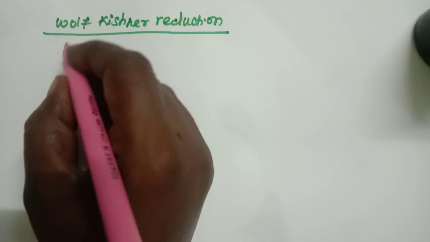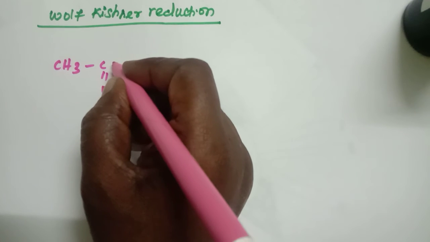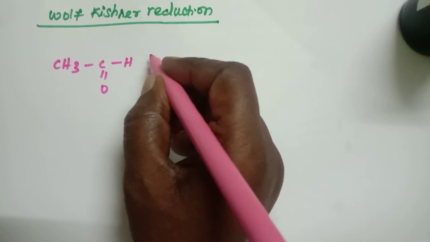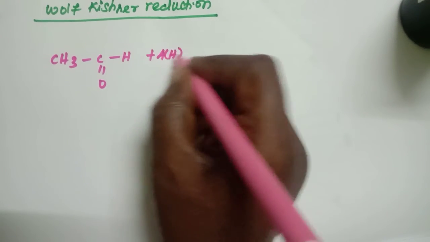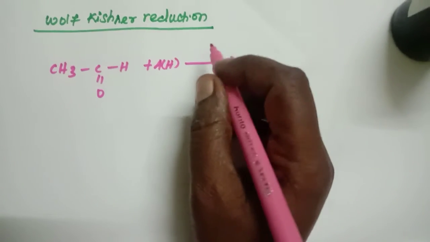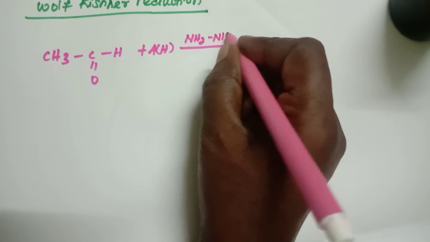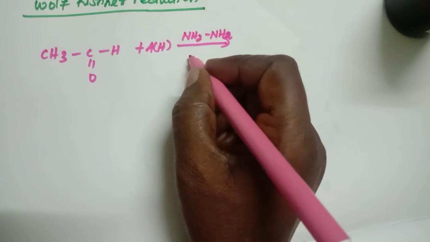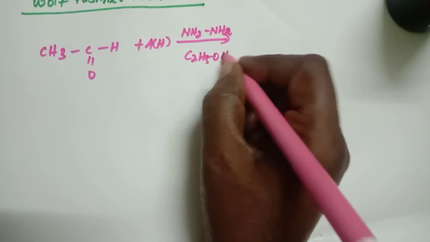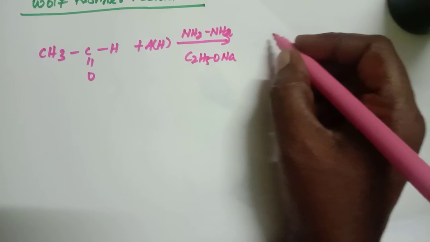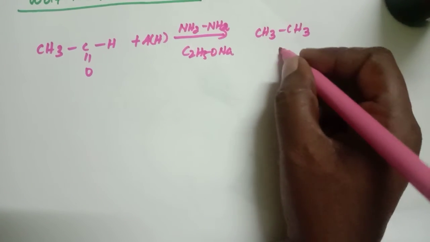For example, acetaldehyde, CH3 C=O H, when it undergoes reduction with NH2NH2, and here sodium ethoxide acts as a catalyst, we will be getting CH3 CH3, that is ethane.